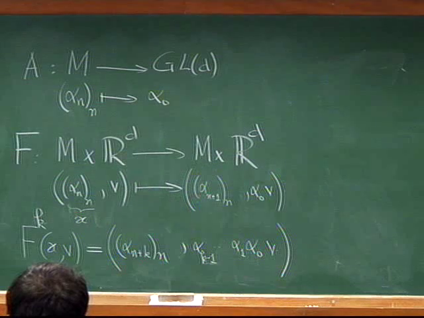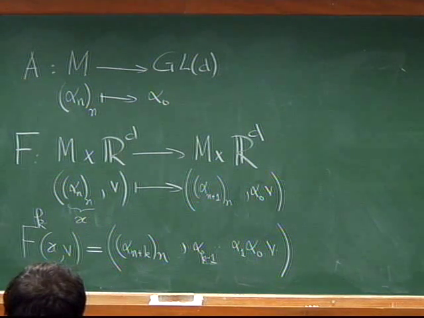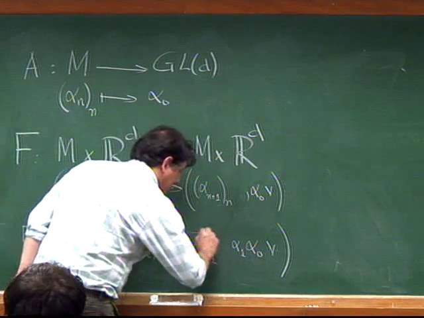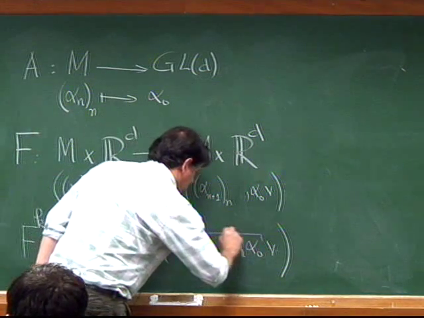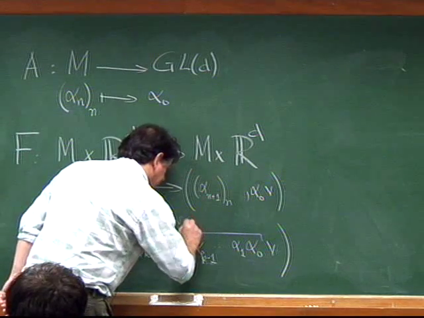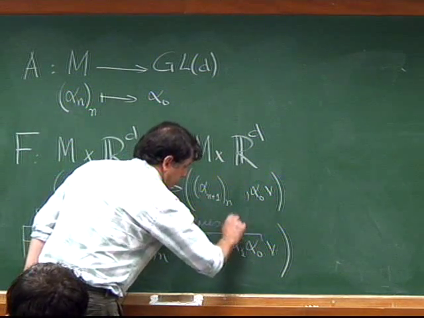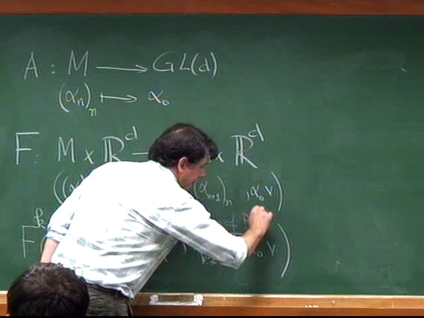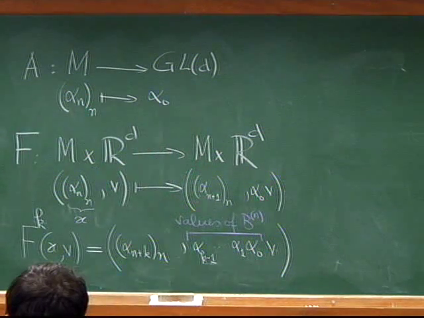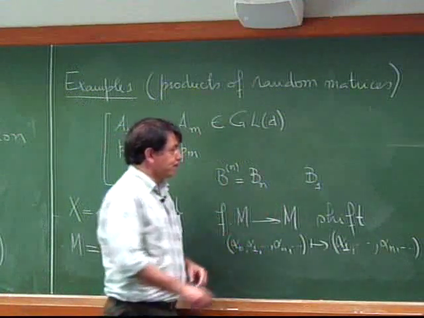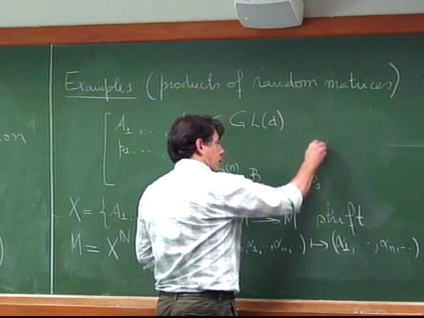Okay? So you see that what you're getting here are the possible values of Bn. Bn is formed by these products. B1 corresponds to alpha 0.